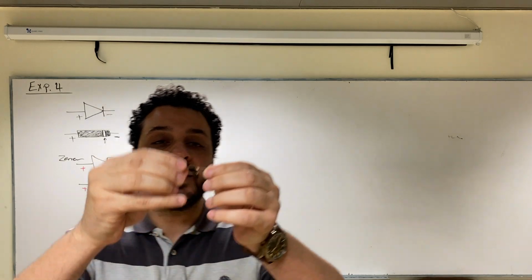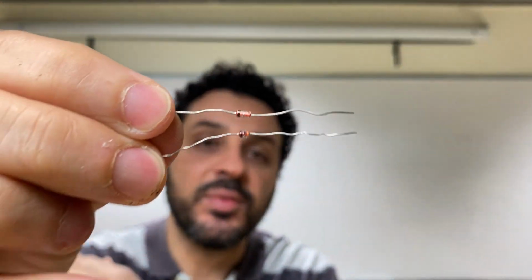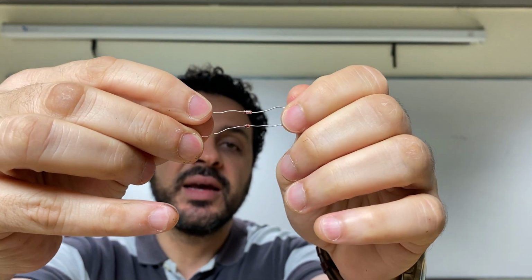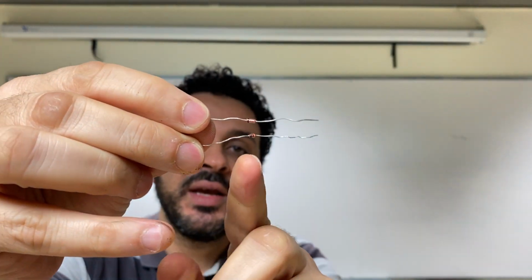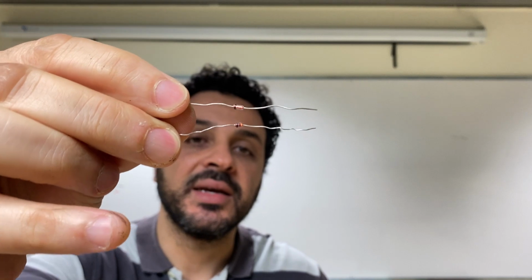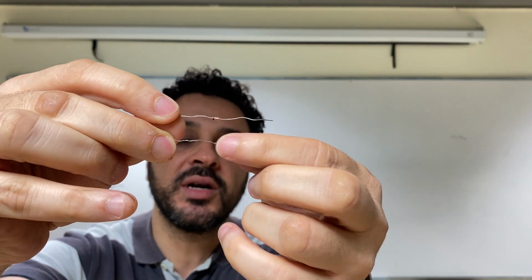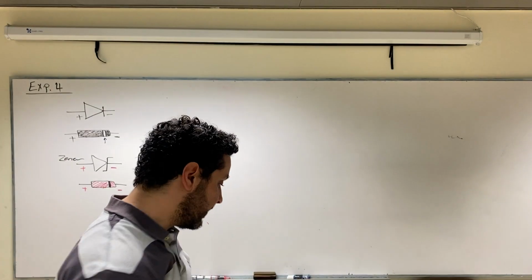So the big Zener diode is the one with the 5.1 breakdown, while the other one is the Zener diode with breakdown between 2.1 and 3.6. We are going to use the smaller one for our experiment here.